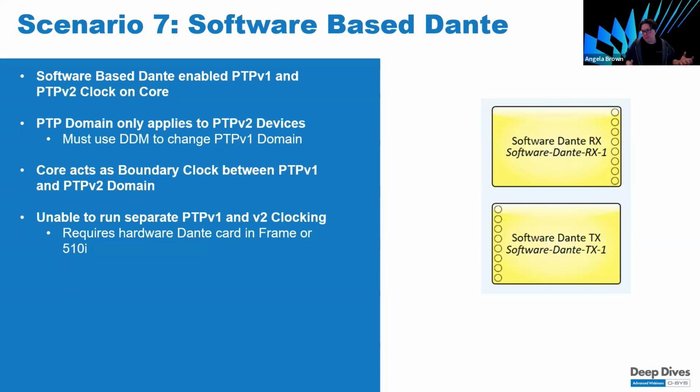How do we make that happen? Add it to your inventory, drag in the block, and all of a sudden that core has to talk to Dante, and it's only going to be able to talk to Dante on PTPv1. So we've now made our core capable of becoming a boundary clock, because it's talking PTPv2 for Q-LAN and AES67, and PTPv1 for the software Dante.